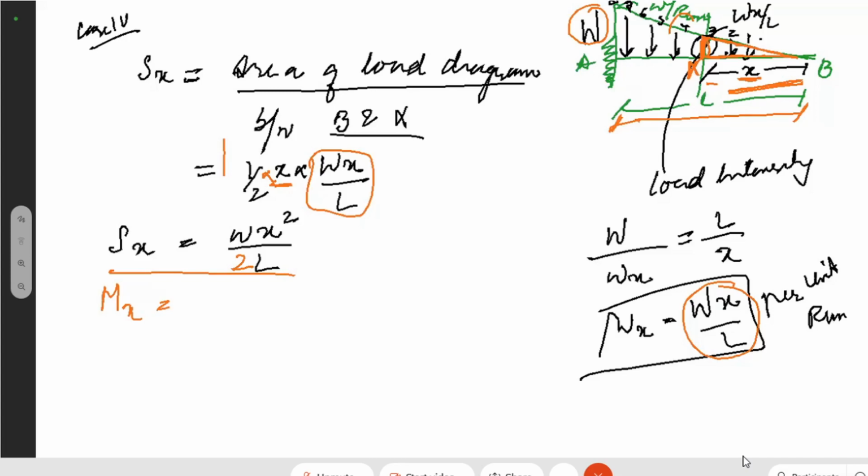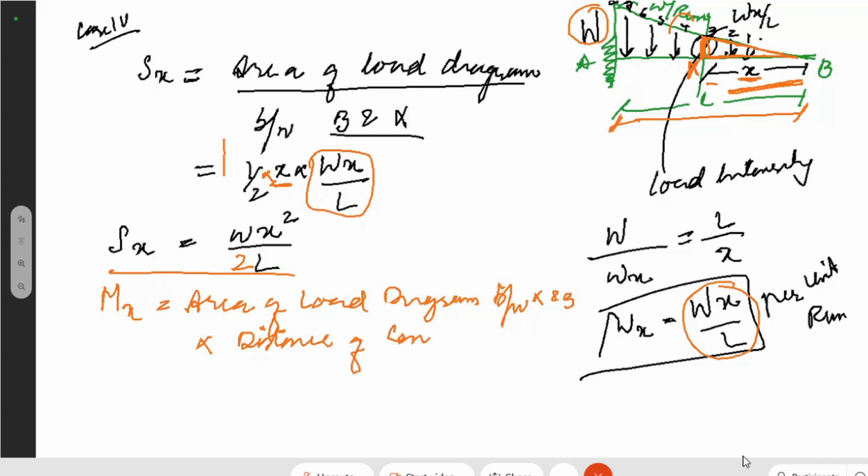It will simply be the area of the load diagram between x and b, multiplied by the distance of the centroid. The distance of the centroid of the load diagram from x.